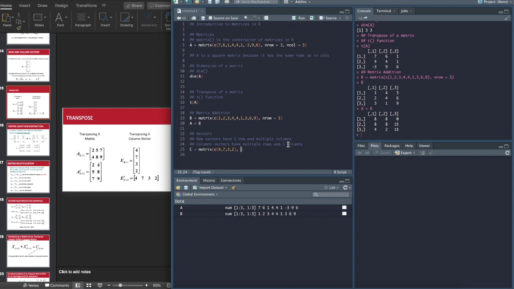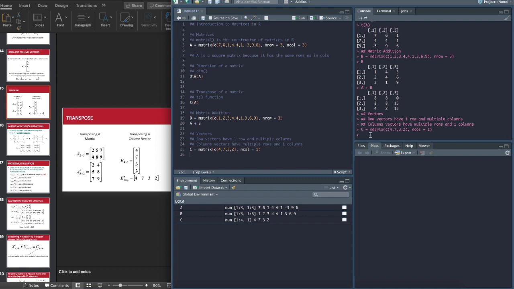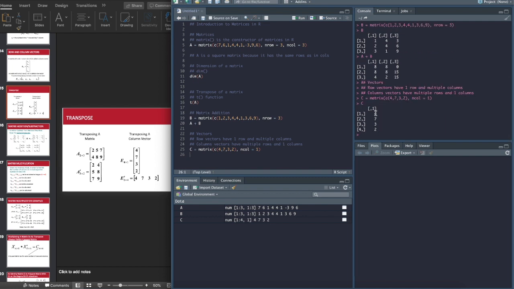Those are the elements, and then I will say that the number of columns is equal to 1. Remember, you only need to set up one of the parameters, either number of columns or number of rows. If you put them together, it doesn't hurt, but you just really need one. So let's just put it here. So this C is a matrix with only one column.